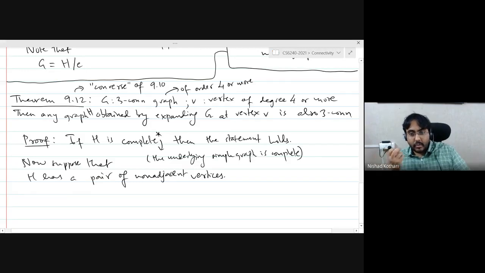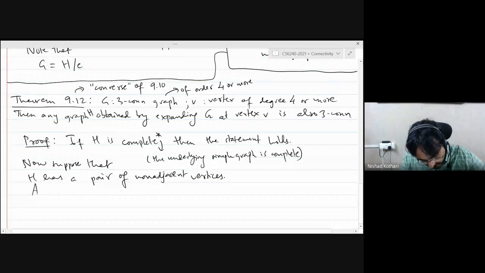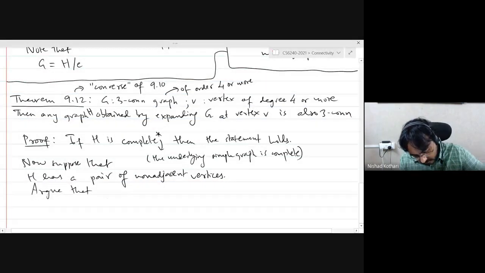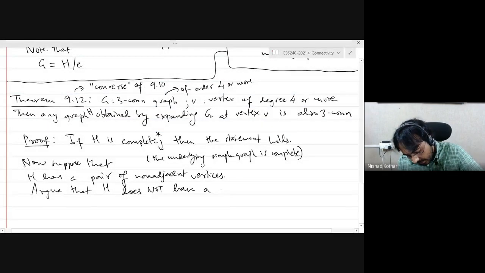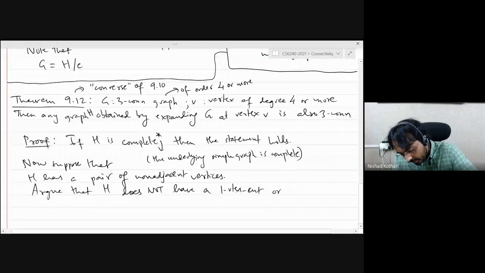And that's quite easy because you have obtained H from G by just doing a small local modification. So argue that H does not have a 1 vertex cut, which is a cut vertex, or a 2 vertex cut.